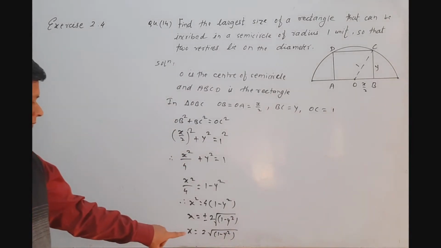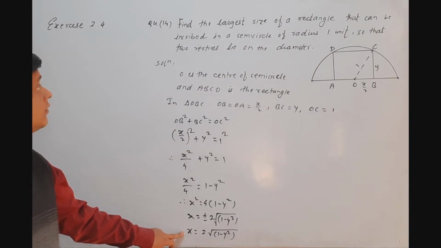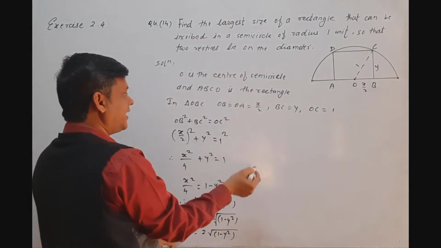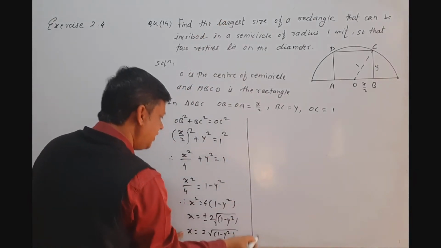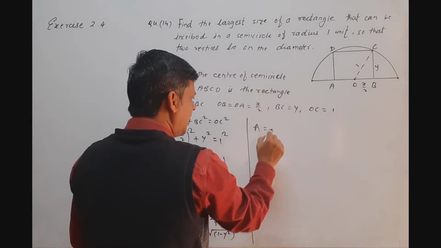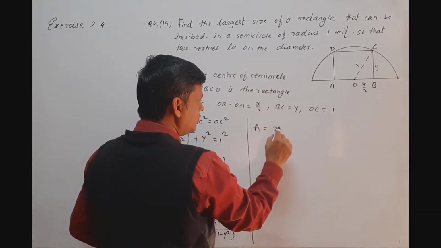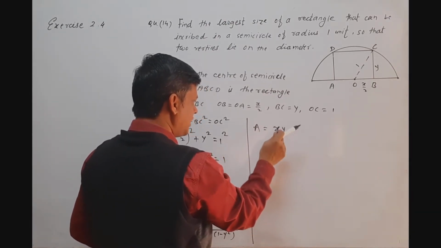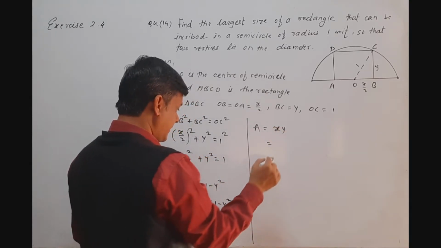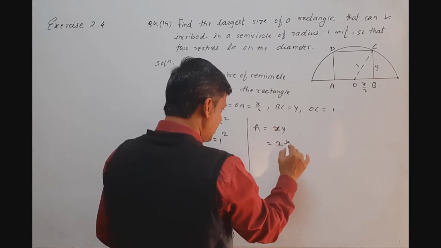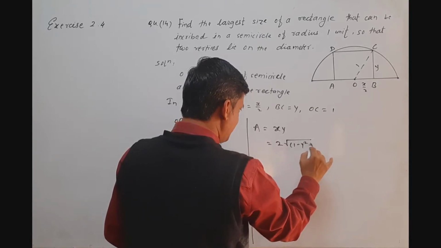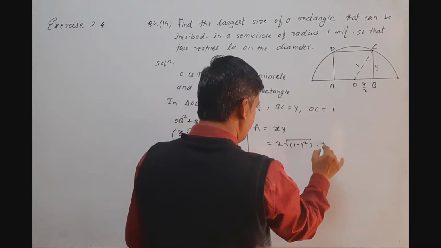Now we have to know the area of the rectangle, and we know that area of rectangle A equals length into breadth. So we write x into y, so this x as 2 root (1 minus y square) into y.